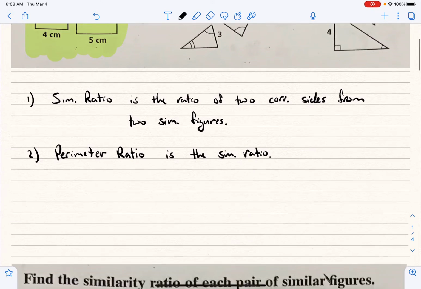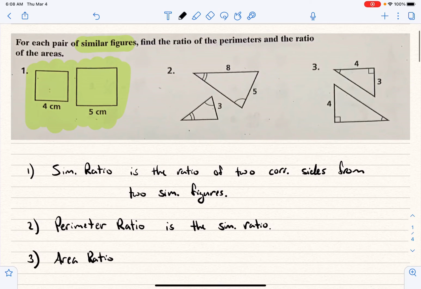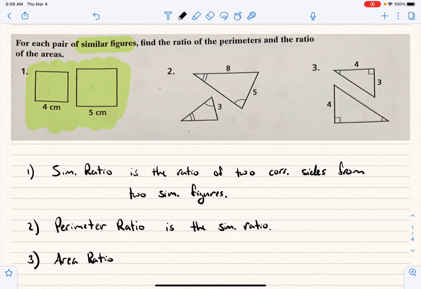All right. And then lastly, we talked about something called the area ratio, which is the ratio of the two areas. Now, you don't have to have the area of each figure to find it. You can. That's one of the ways. If you're given the two areas, well, then you can compare those two numbers, and you've got the area ratio. You can reduce it.